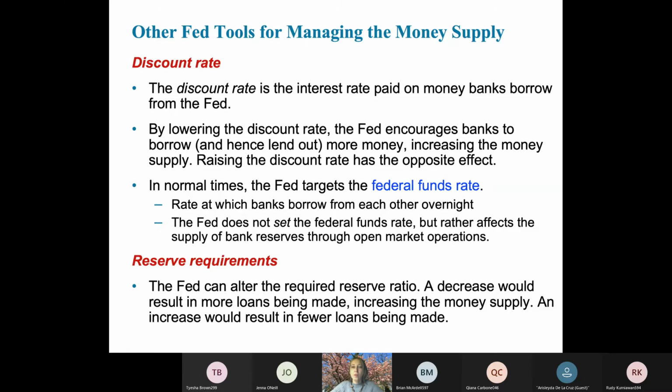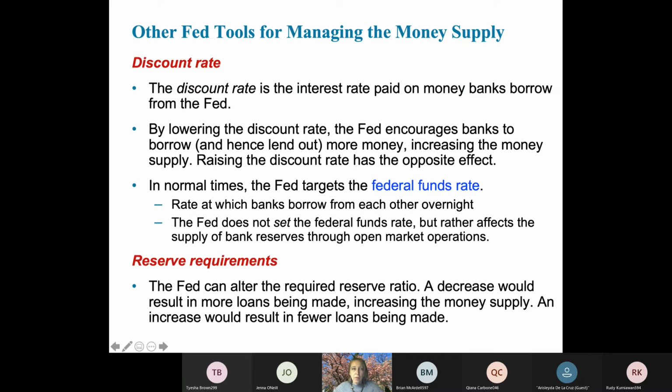They borrow from each other at what's called the federal funds rate. So that's the rate at which the banks borrow overnight. Let's say suddenly you have a good borrower, but you don't have enough reserves, so you borrow from a different bank. So there's this whole system set up for the banks to get a little bit of interest, at least overnight, on a short-term basis.